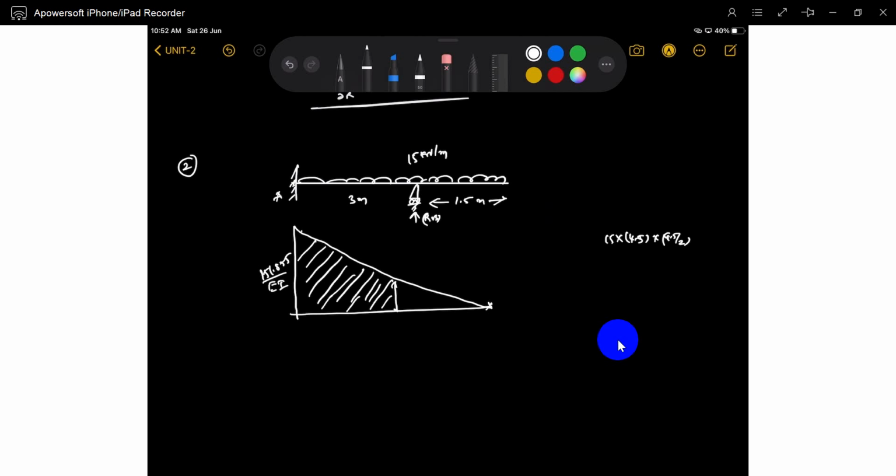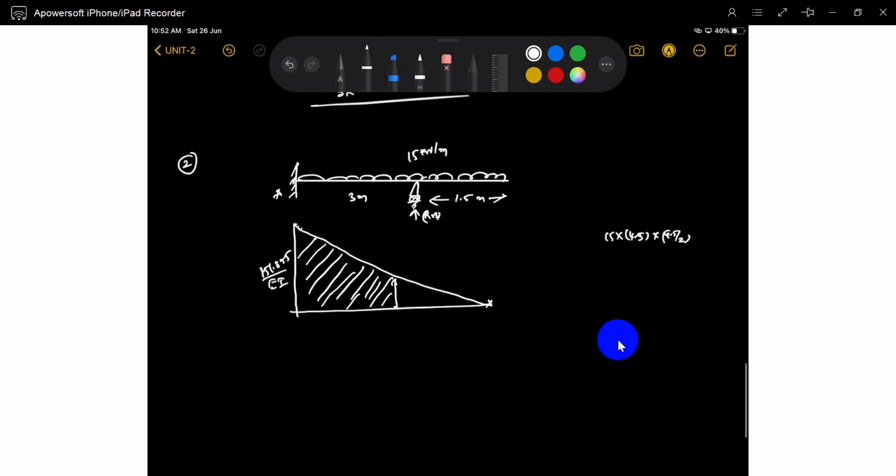Sir, how can you find the moment? We can't find the moment because this is not a straight line, it's a parabolic curve. So how can you find out the area? If you have the capability, find the area and moment.